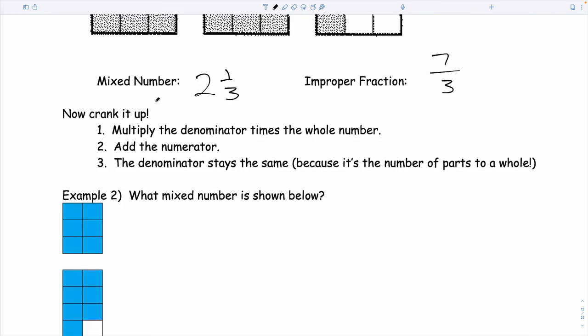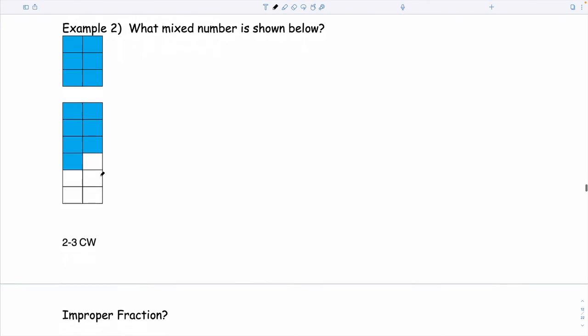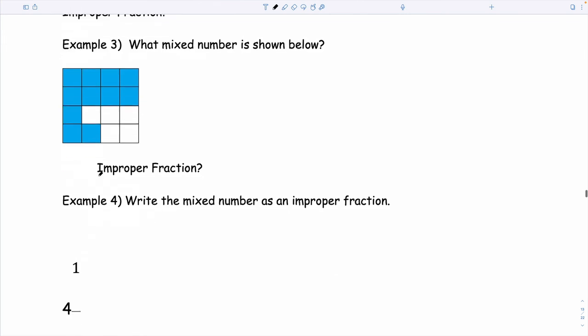It is 7 over 3 because 2 times 3 is 6 plus 1 is 7. Here's your steps. You're going to multiply the denominator times the whole number, add the numerator, then the denominator stays the same. Multiply, add, denominator stays the same, M, A, D. Multiply, add, denominator. Cool.